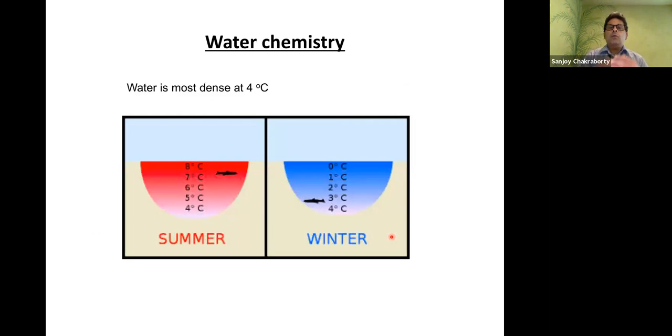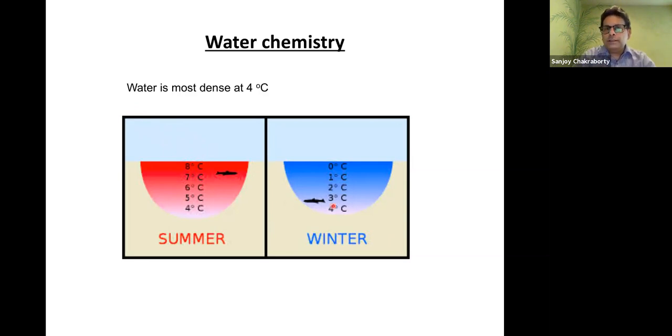That's why in aquatic conditions, in a lake, this is what happens. Cold air comes, and the water at the top, closer to the air, gets colder. Let's say it becomes 7 degrees. Once it is 7, it goes down. Once it becomes 6, it becomes heavy and goes down. Once it becomes 4, it goes down.